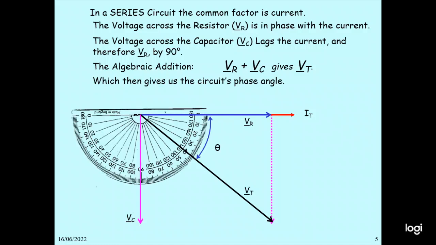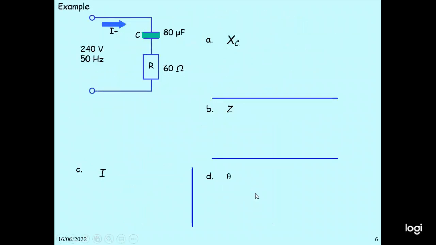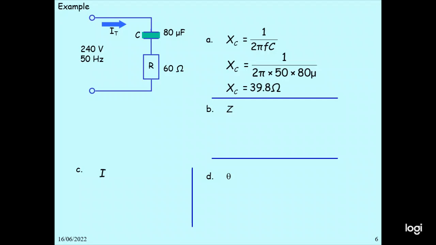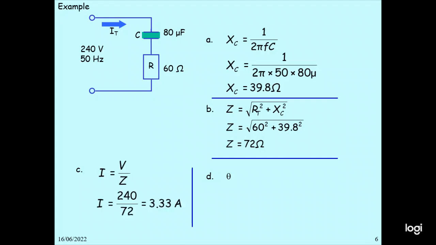And also the capacitor is 80 microfarad, resistor 60 ohm. XC has to be calculated: 1 by 2πfC, so 1 by 2π into 50 into 80 microfarad, 39.8 ohm. Impedance Z, square root of R square plus XC square, square root of 60 square plus 39.8 square, you get 72 ohm.